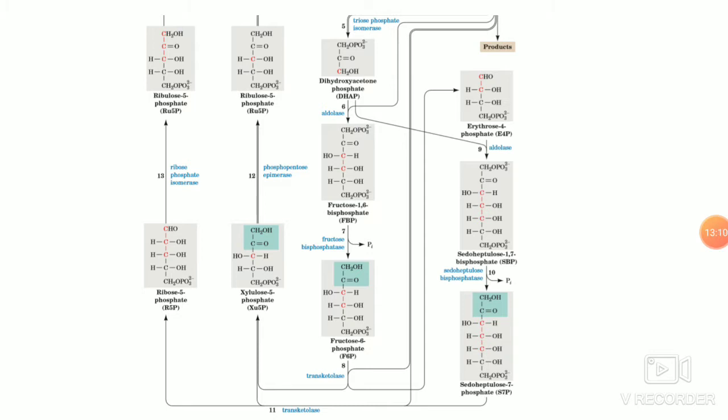Okay, now from fructose 1,6-bisphosphate a phosphate is removed with the help of fructose bisphosphatase. Now you have formation of fructose 6-phosphate.